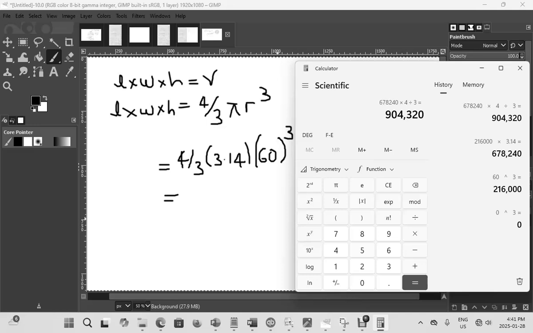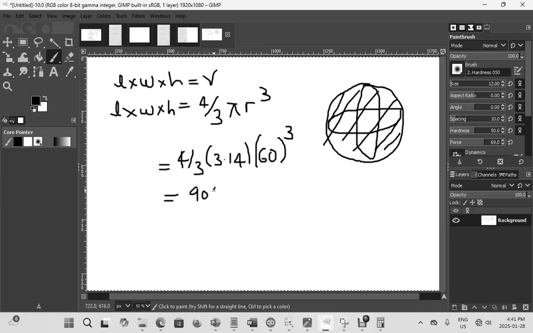That comes to around 904,320. So this will be your volume, in centimeters cubed, because this will be centimeters times centimeters times centimeters, which is equal to centimeter cubed for your volume, length times width times height.